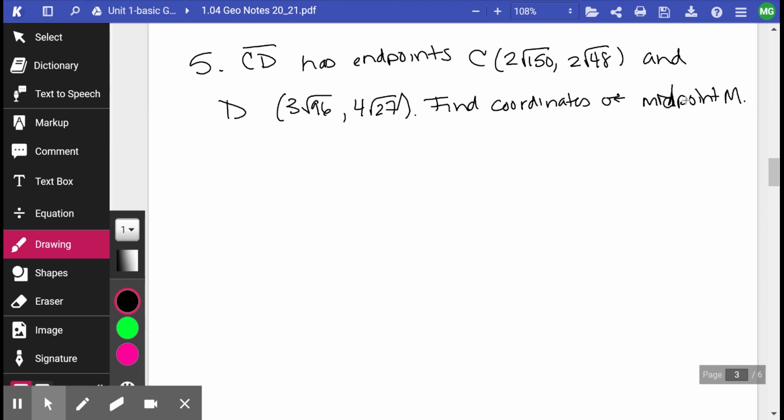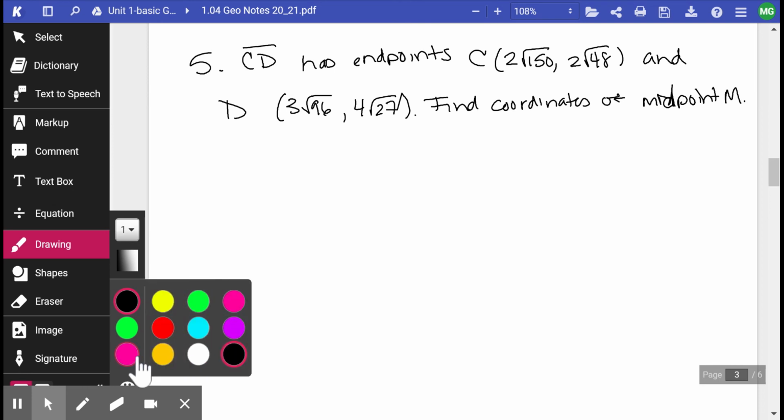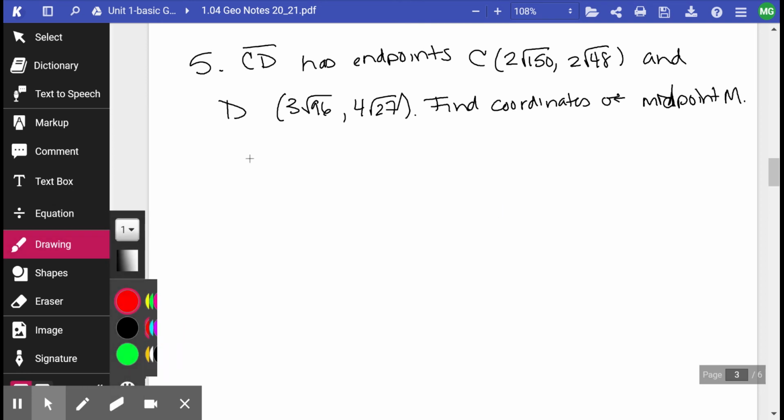All right, so this is one where I don't need the formulas because I'm given both endpoints. So I'm just going to set it up here as x, the average of my x's, and the average of my y's. So a little bit harder with our radicals here.